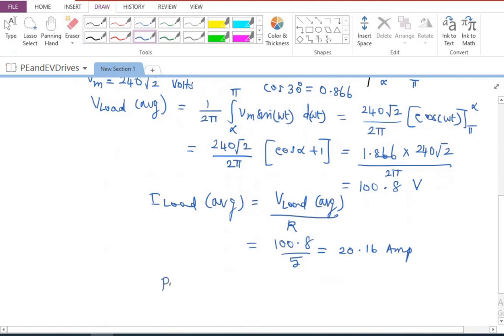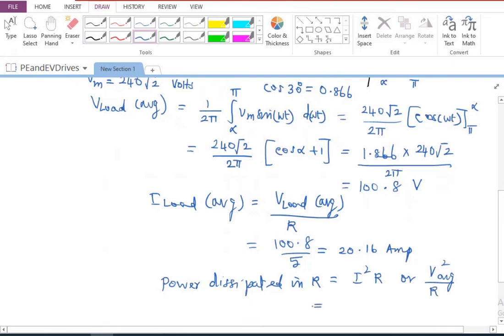And the power dissipated in R is going to be either I square times R or V average square divided by R. Either way is fine.